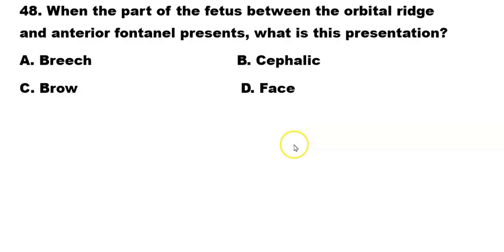The next question, when the part of the fetus between the orbital ridge and the anterior fontanelle presents, what is the presentation? Think over it for 5 seconds.